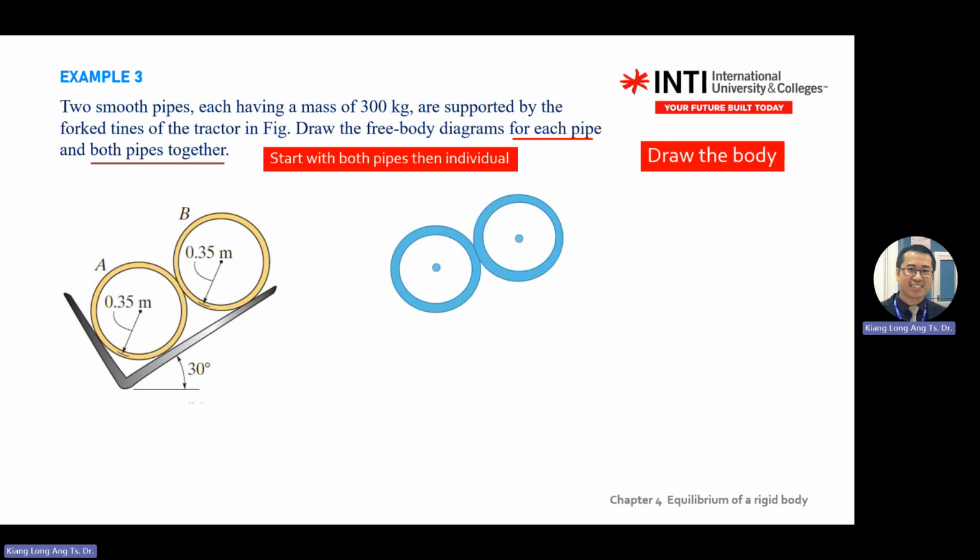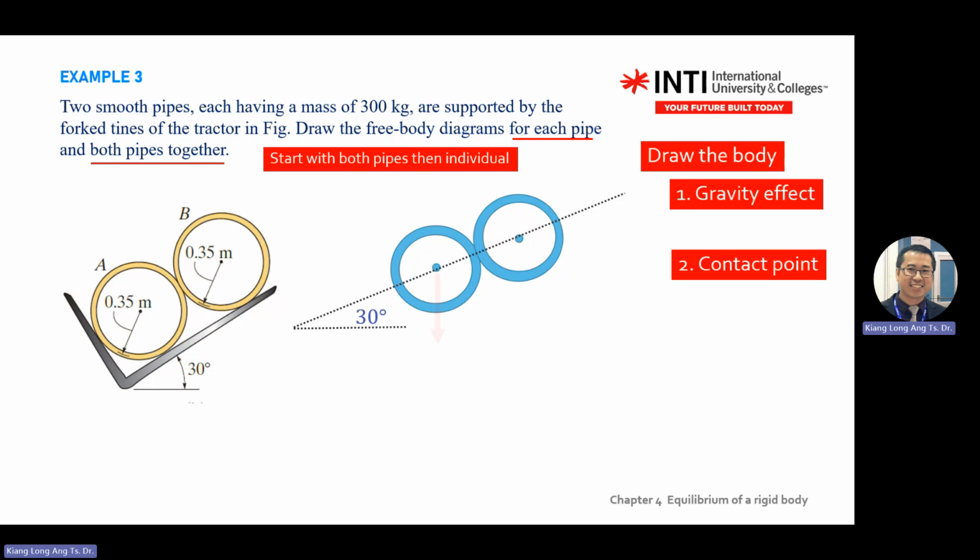So again, draw the bodies, draw the arrow of the degree, copy the degree. I'll just highlight, draw the slanted line through the center of the bodies, the 30 degree. Remember gravity effect. This will be the careless mistake most of the time. You'll forget this one.